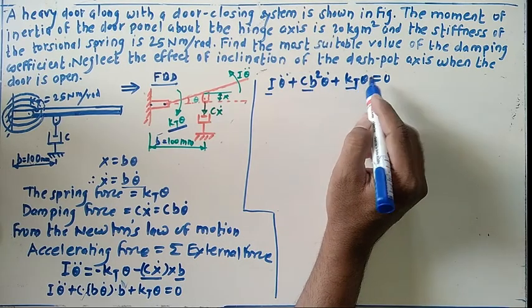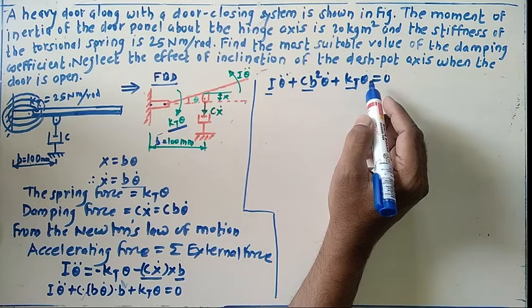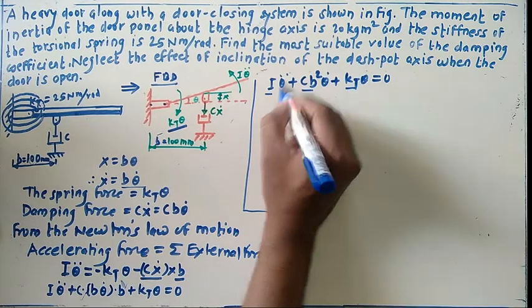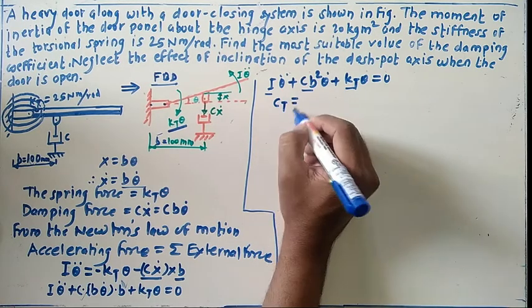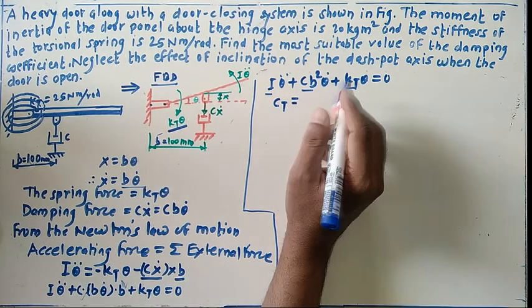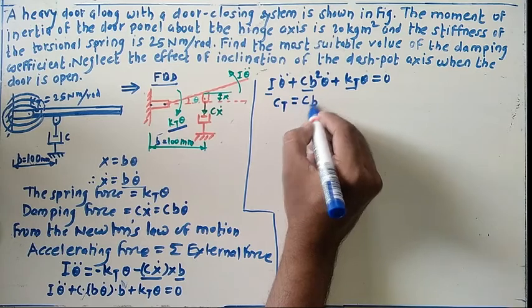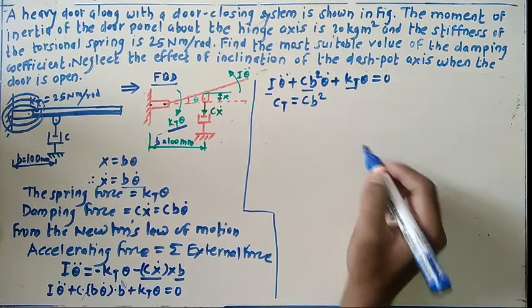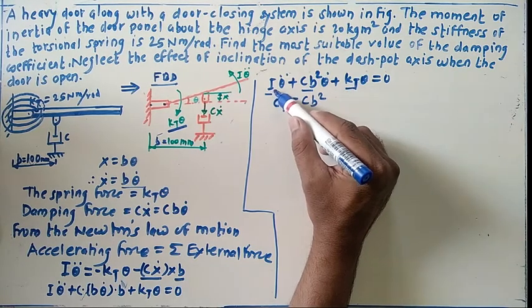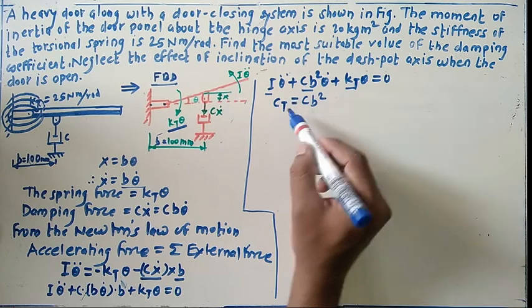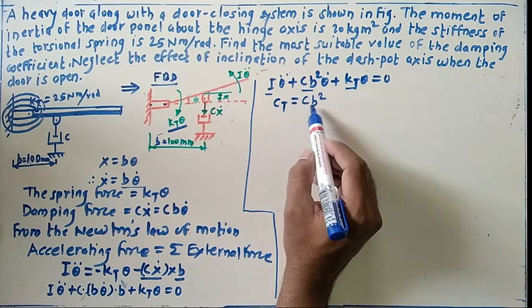Okay, so in this case the second term is nothing but the damping coefficient for the torsional system. Okay, so cb square is nothing but the ct. So the rest of this term is nothing but the spring stiffness for the torsional spring, and this is the mass term. So in this case I can simply write ct equals cb square in this way.